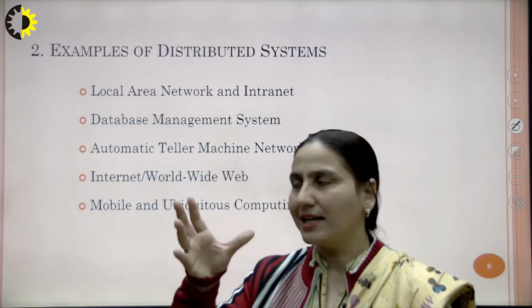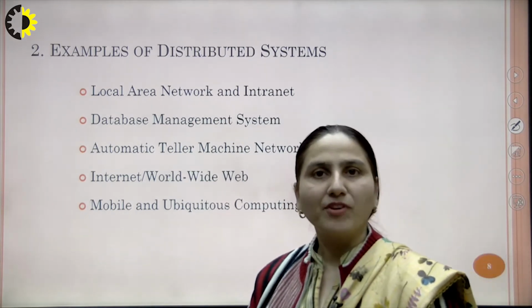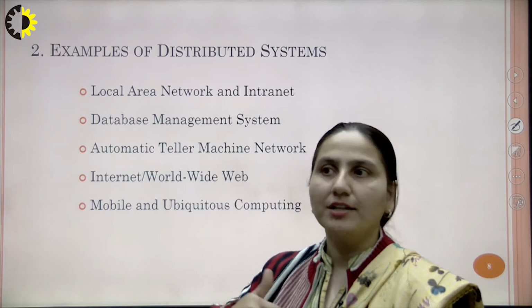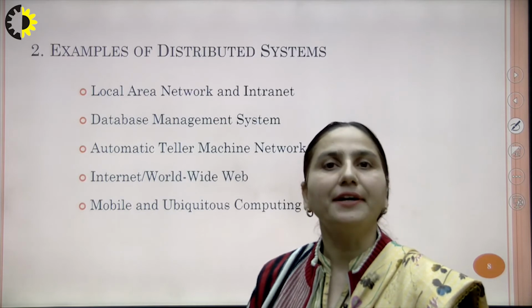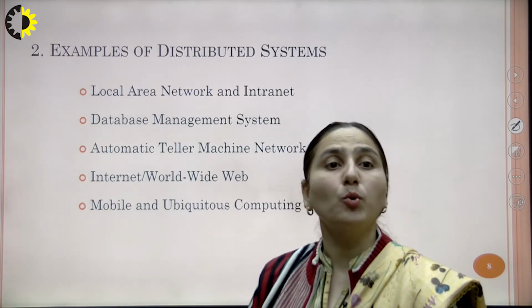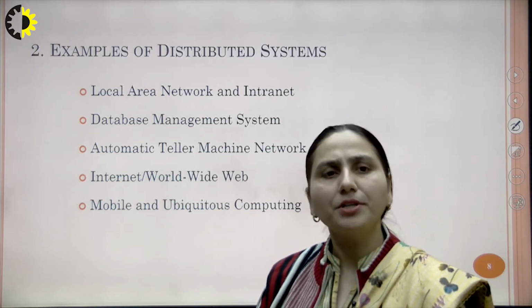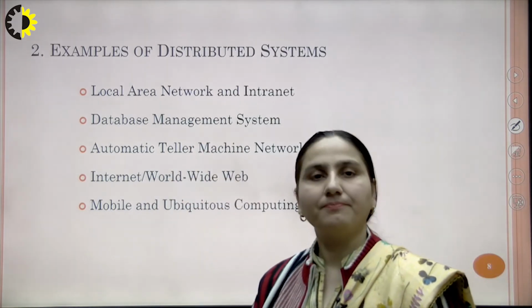You can see that in all these examples we have different nodes, and they exchange information and data only by passing messages. The Internet, the World Wide Web, and mobile and ubiquitous computing are also examples of distributed systems.